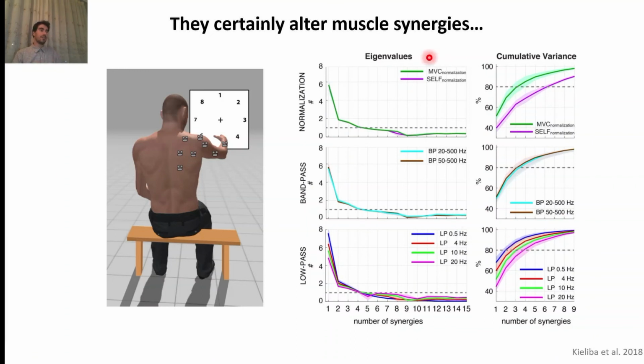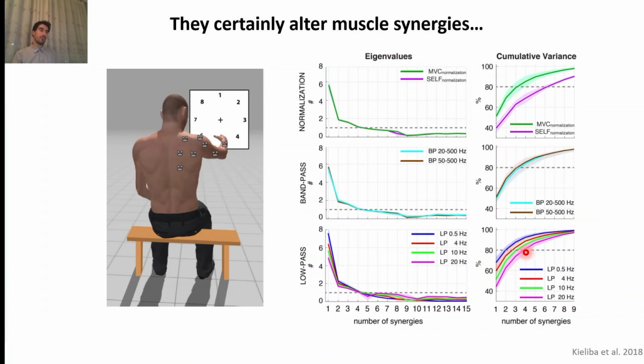And you can see that I tried the maximum voluntary contraction normalization or the normalization by the maximum amplitude of the signal. I tried different bandpass filters, 20 to 500 or 50 to 500, and different low-pass filters from 0.5 to 20 Hertz.